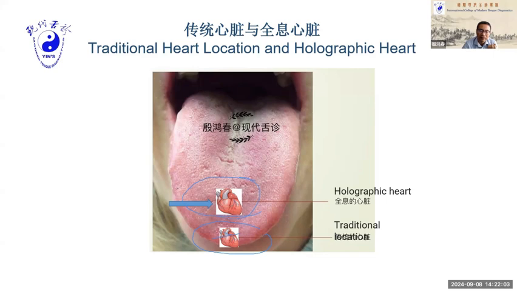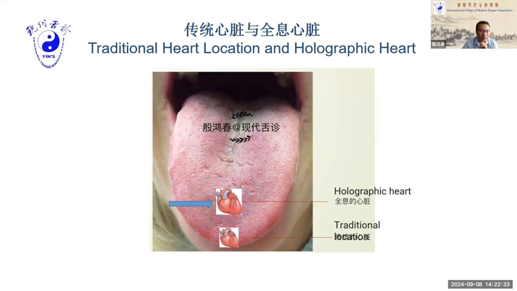It should be in this part. The heart should be located in the border between the upper jaw and the middle jaw, and when we see this line, the tongue midline, just around this part.